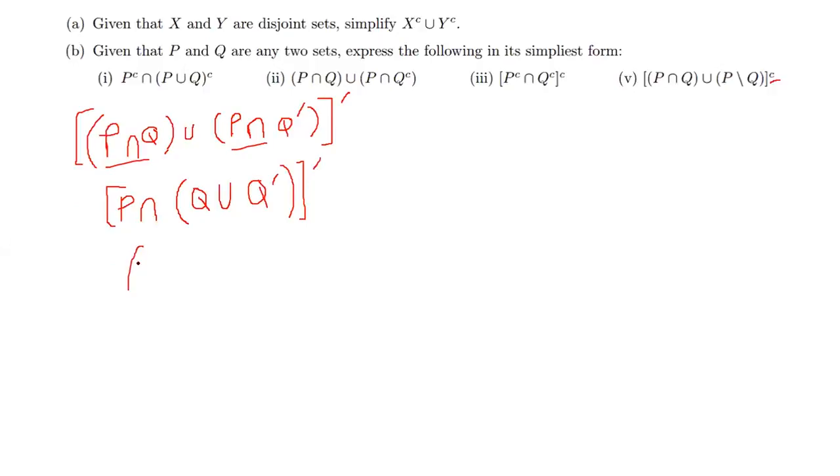So this is going to be P intersection Q union Q complement. Remember what we said? We said it's a universal set. Then you have your complement outside there. So P intersection universal set, you still get P, and then remember there's a complement outside there. So I'm going to have something like this.